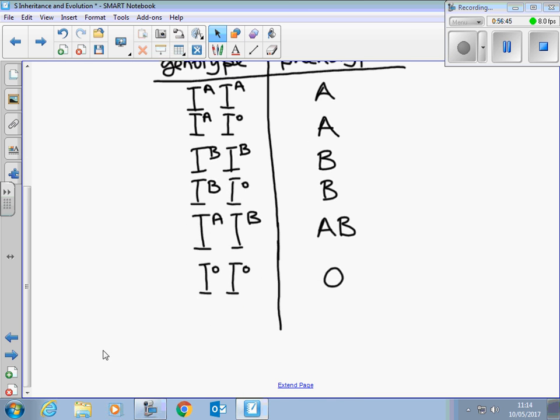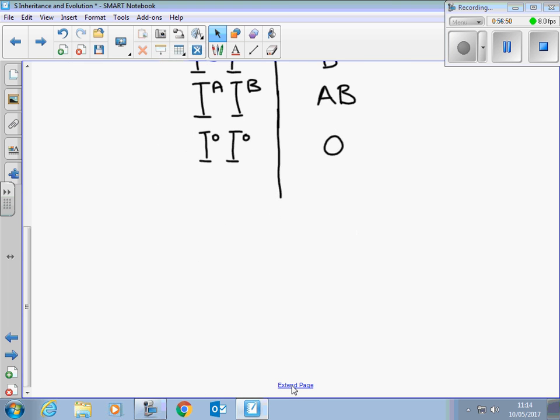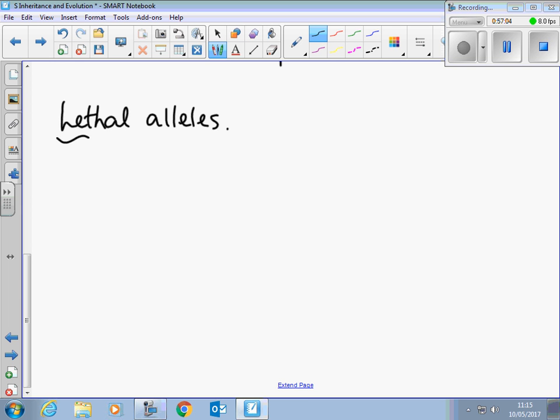While we're on this topic, just looking at some more unusual examples, I'm going to stick something on here to do with lethal alleles. Let's say, for example, that you crossed two heterozygous individuals and you only got offspring that showed the dominant characteristic.